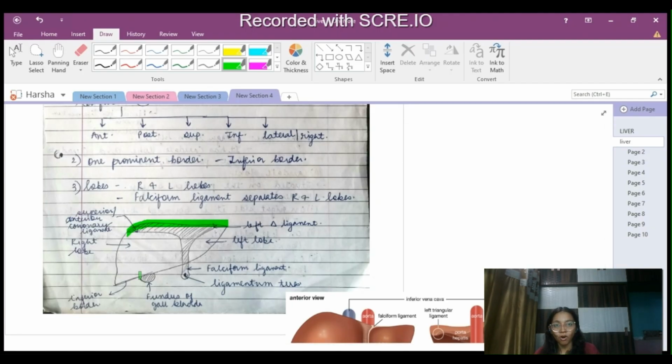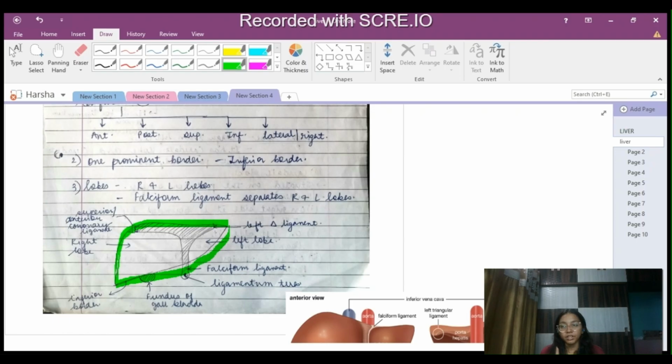That surface on which the entire organ is resting is the inferior surface. Below this border will be the inferior surface, and then last, on the right hand side, will be the lateral or the right lateral surface. So these are the five prominent surfaces of the liver: anterior, posterior, superior, inferior, and lateral or right surface.